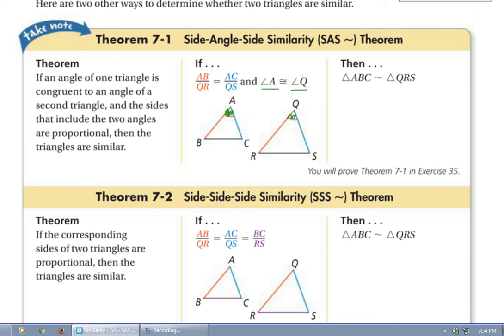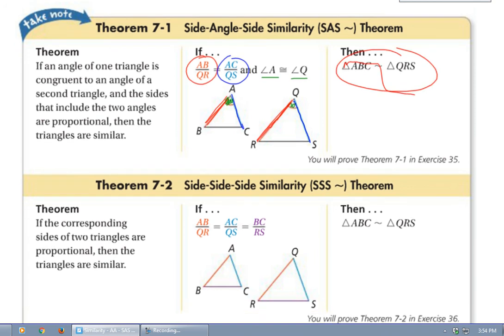In other words, if AB is to QR as AC is to QS, and these included angles are congruent, the green angles that I've highlighted, then ABC is similar to triangle QRS.